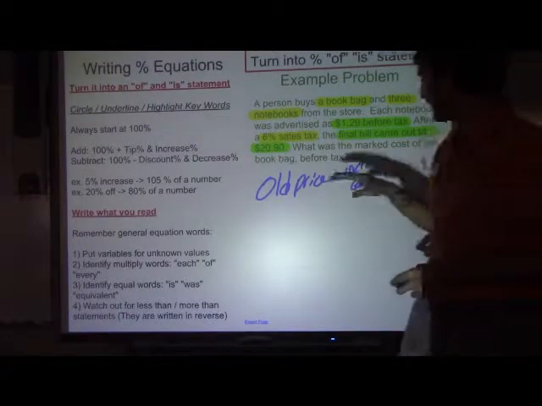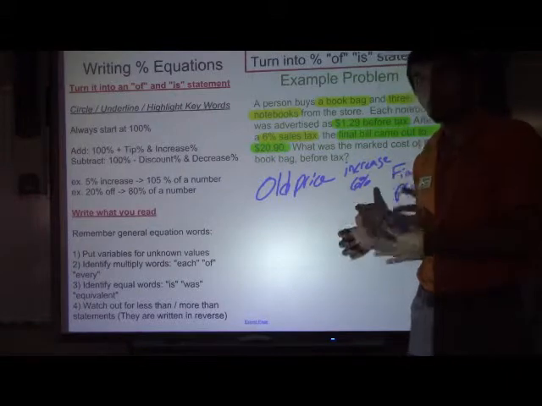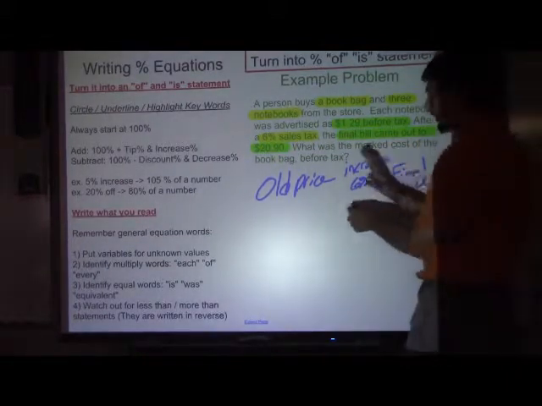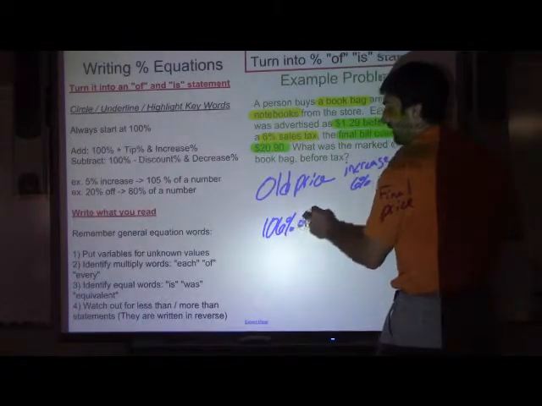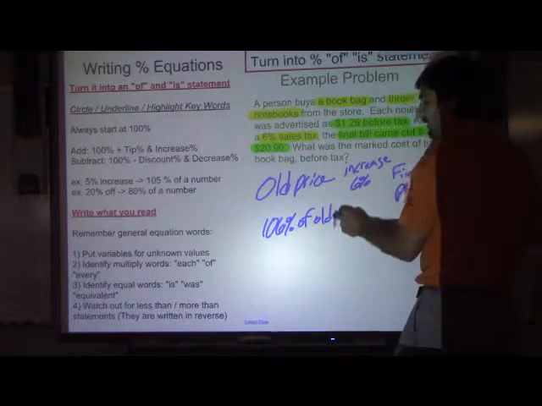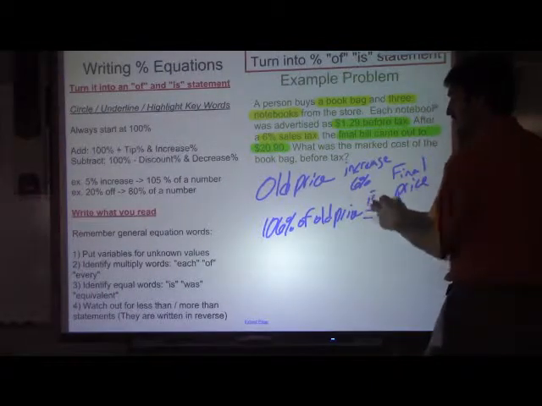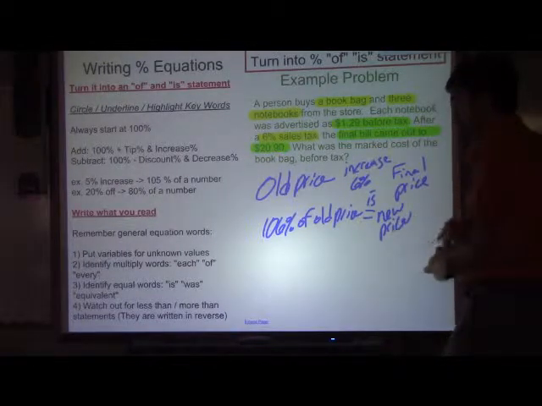If it's an increase of 6%, you always start off at 100%, so 6% above that would be 106%. So this phrase would be 106% of the old price is the new price or final price.